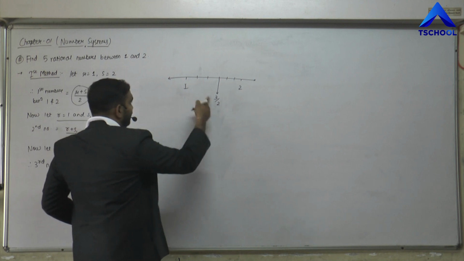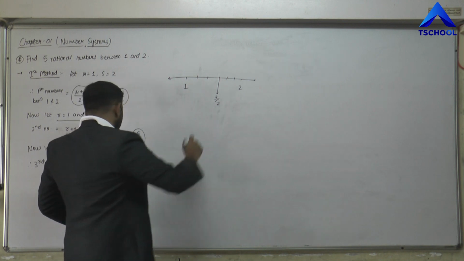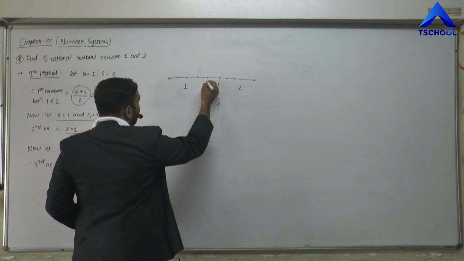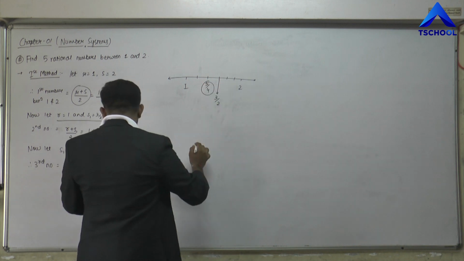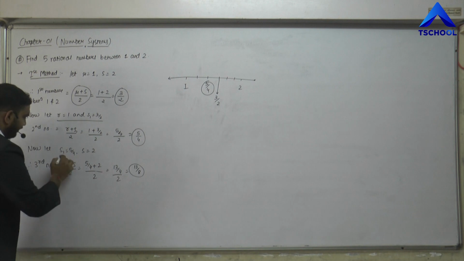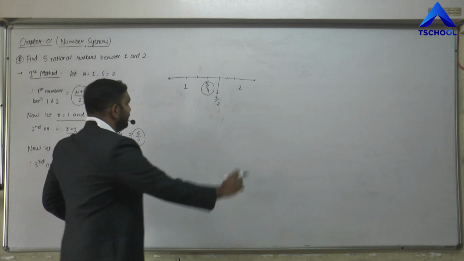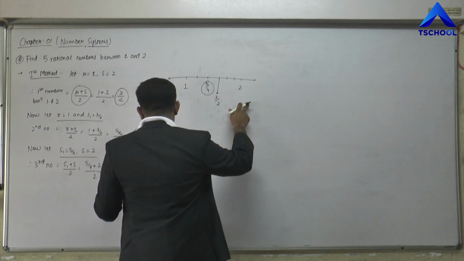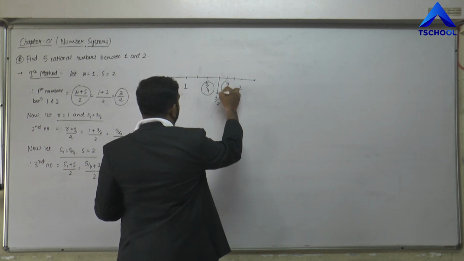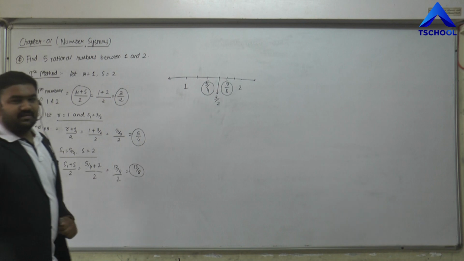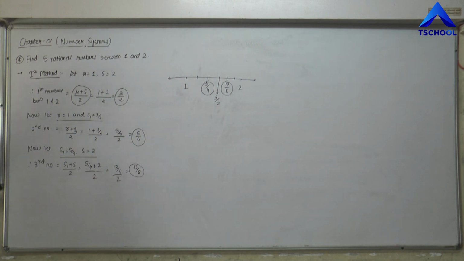So between 1 and 3 by 2, we got 5 by 4 here, and between 5 by 4 and 2 we get 13 by 8, so that will be somewhere here, right? So you can get the numbers in this way also. If you continue this, you will get the 4th and 5th number also.